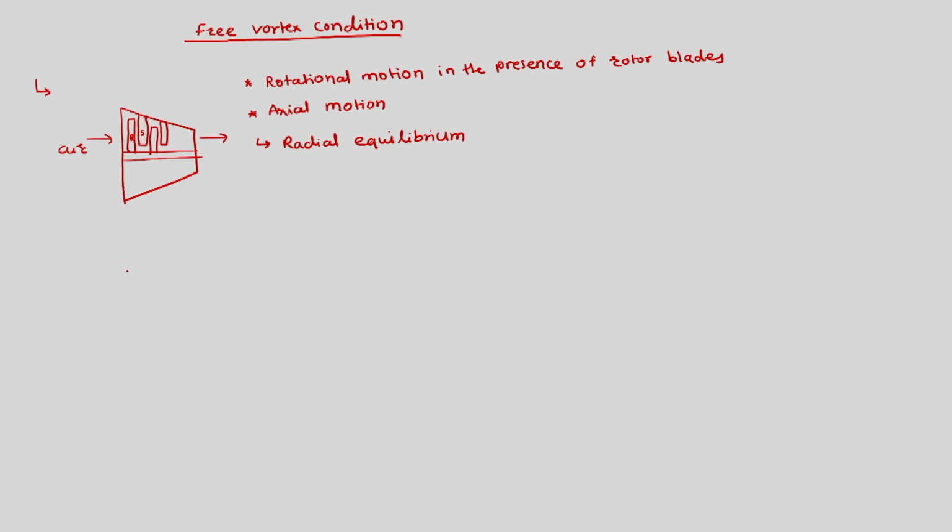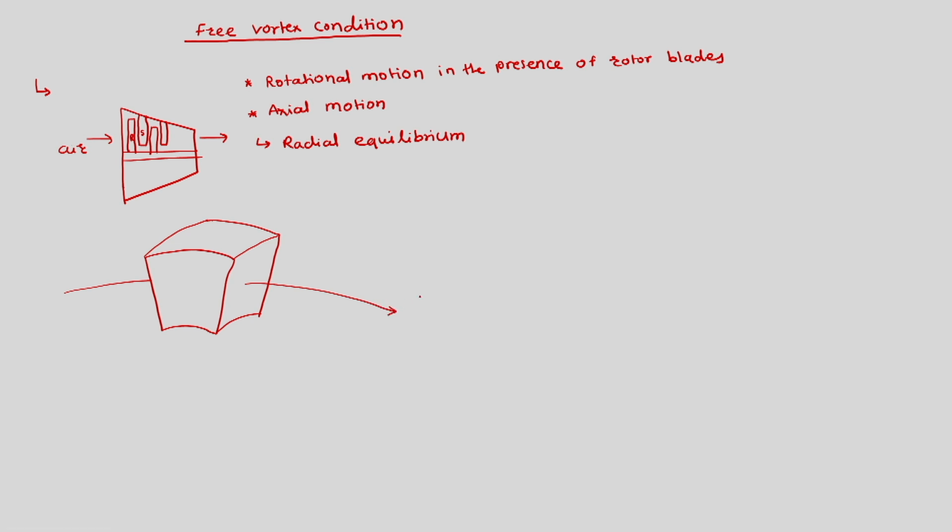Here let us imagine a fluid particle of a particular shape which we are drawing now. This is the fluid particle, and it is passing through the compressor in this manner.